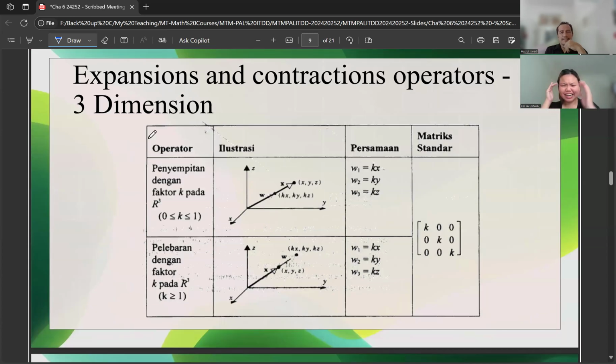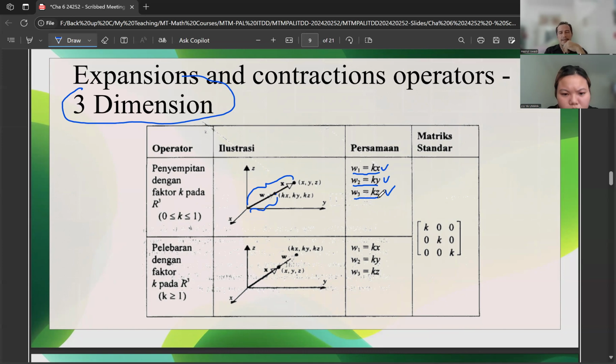In three dimensions, of course, we have three components. We have x, we have y, and we have z. So this is our original vector x, and this is the contraction w. The length of w is shorter than the length of x. And this is the equation we have for the contraction.